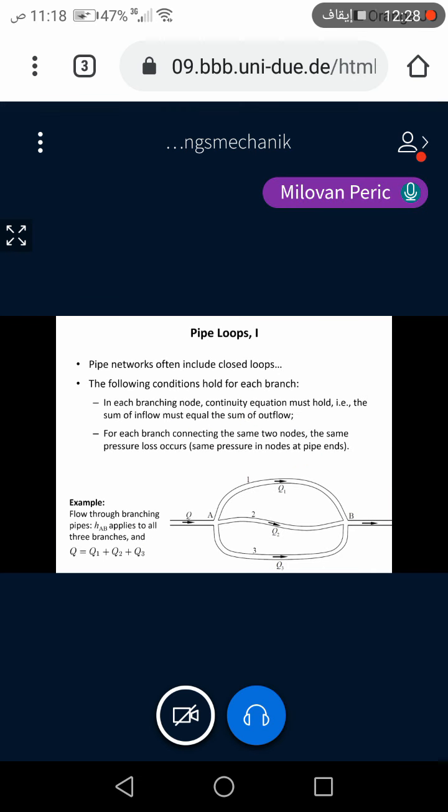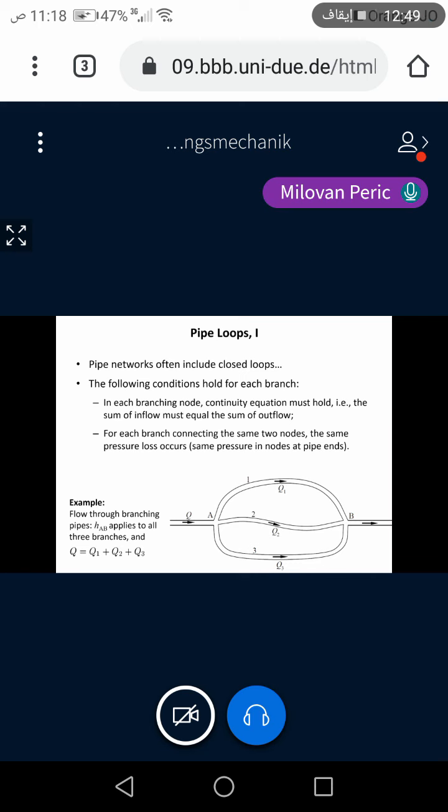Okay, so that was a simple example, but very often these pipe networks or duct networks for air conditioning are very long, they have many loops, and these loops are interesting because they interact with each other.